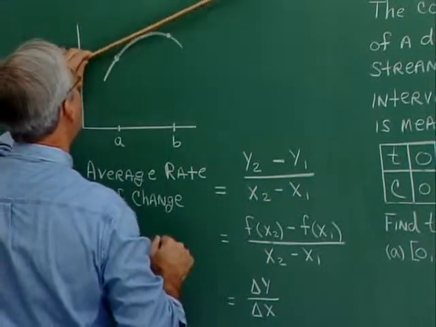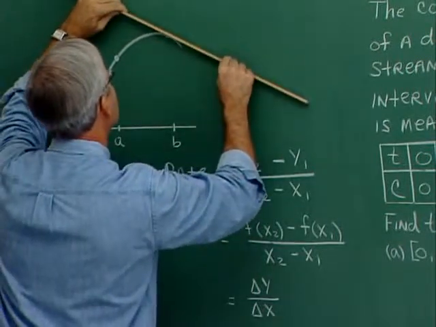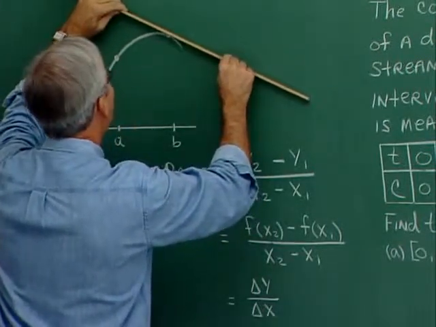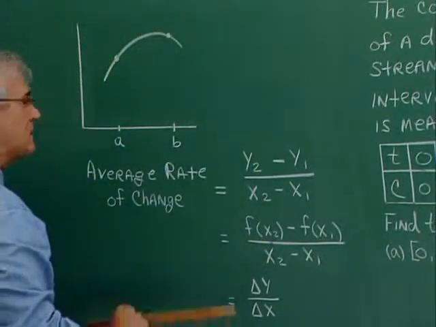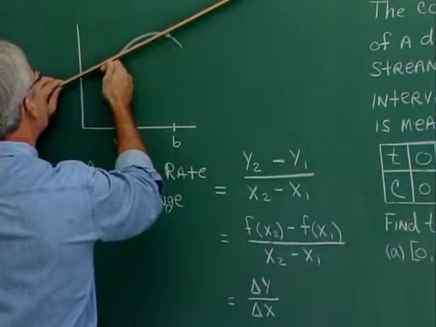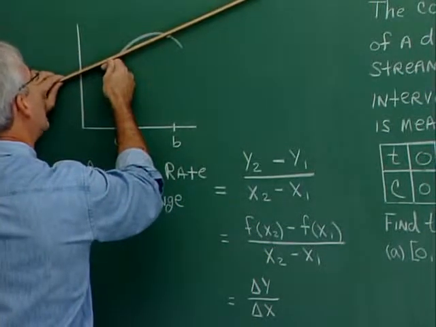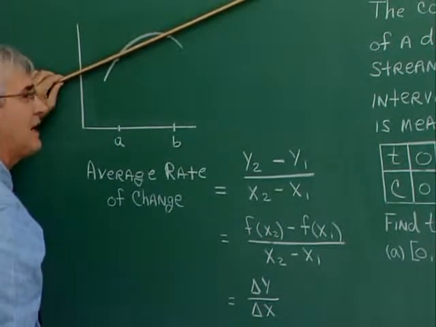Of all of those slope values that are taken on by this meter stick, what's the average of all of those? Well, it turns out that the idea is pretty easy. The average slope is the slope of the line containing those two points. And that's all there is to it.